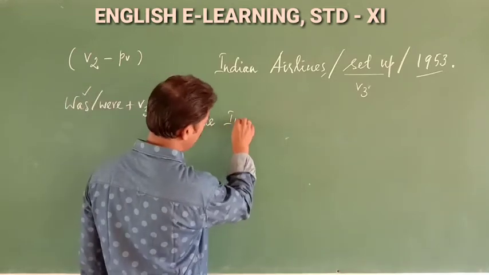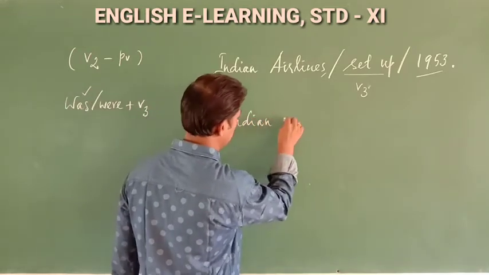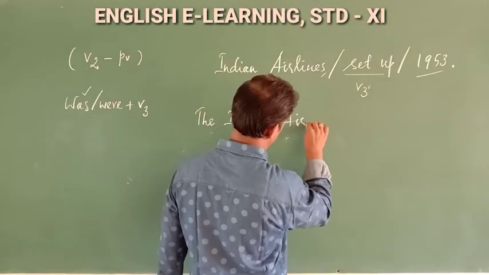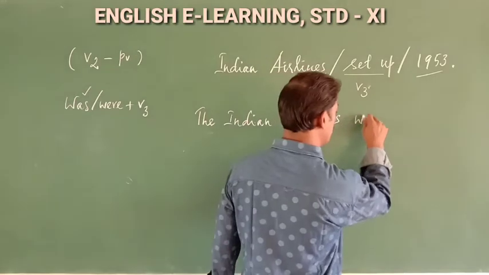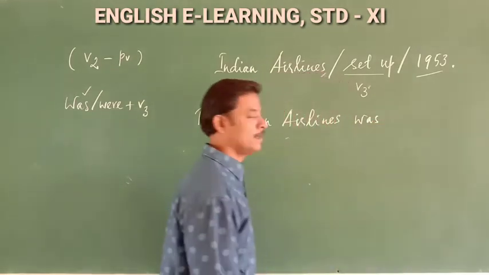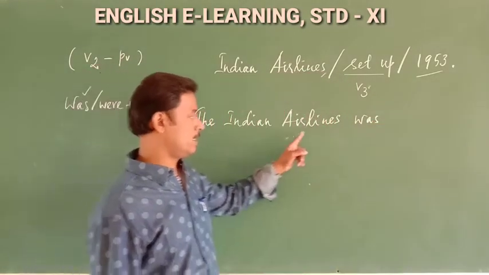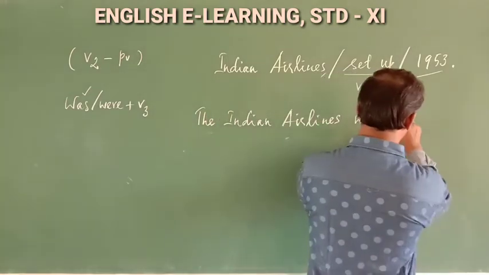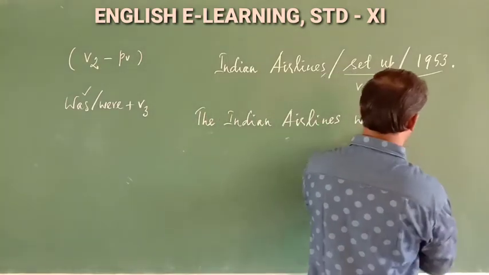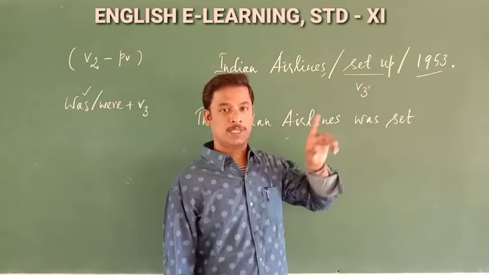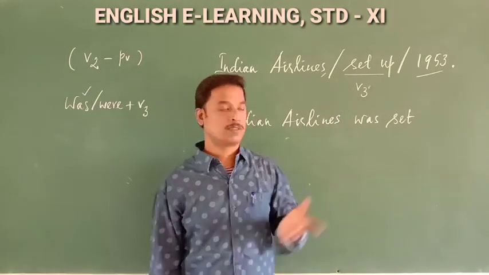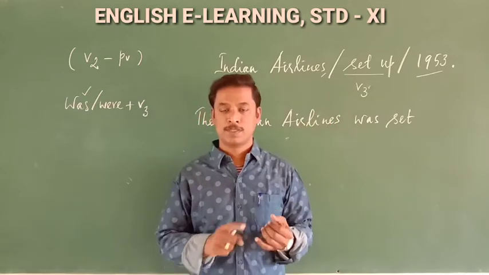The Indian Airlines. The verb is was. The Indian Airlines was. Again, we must use the same verb 3, set up. There are no other forms for this verb set.